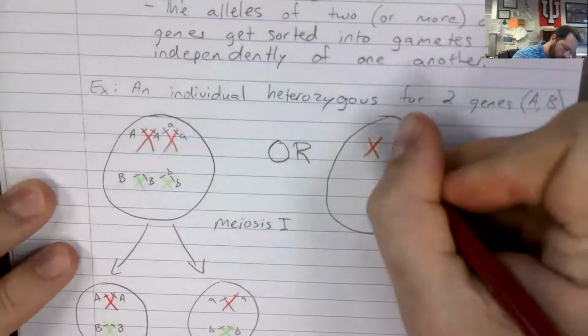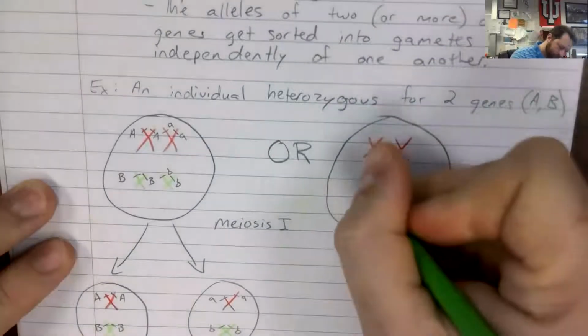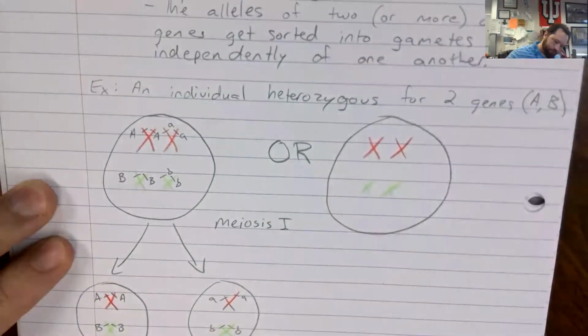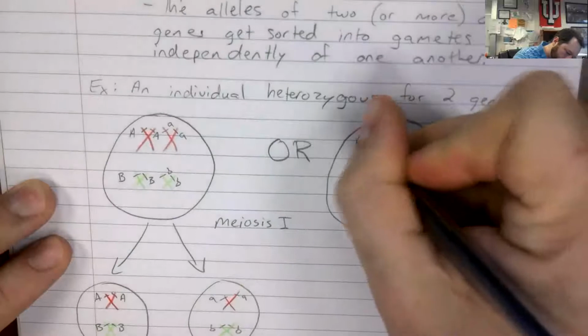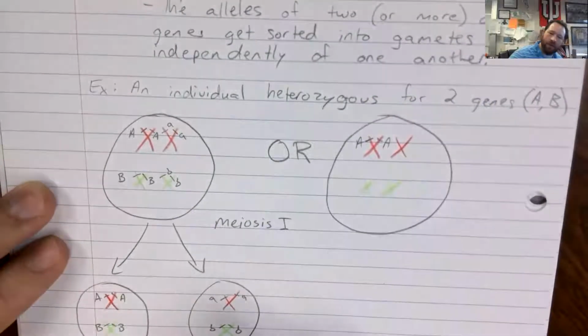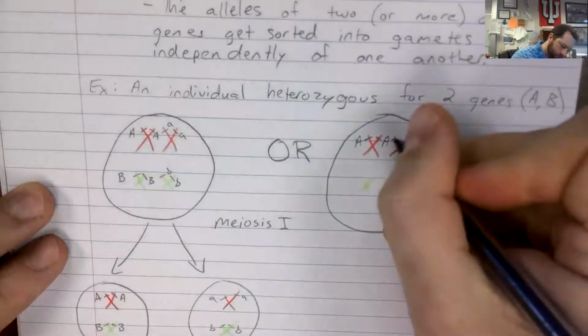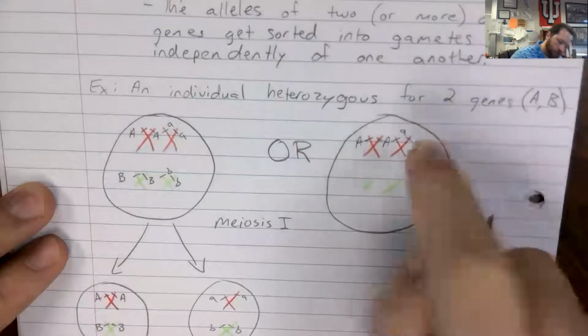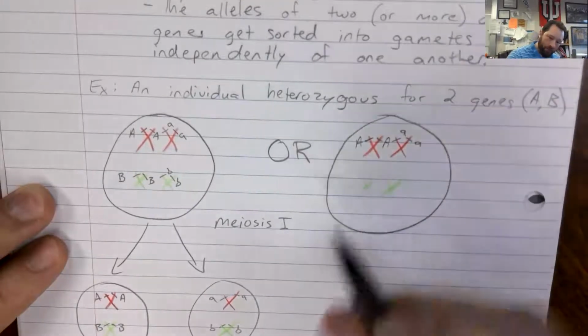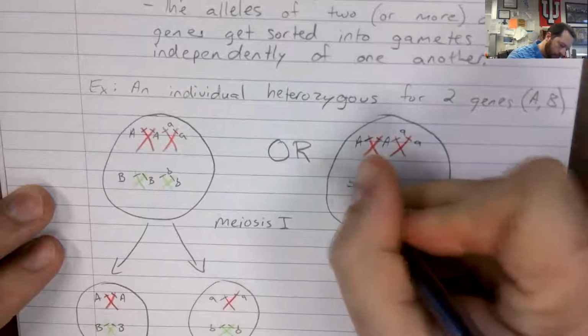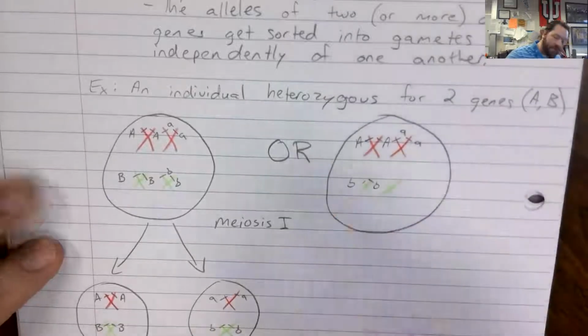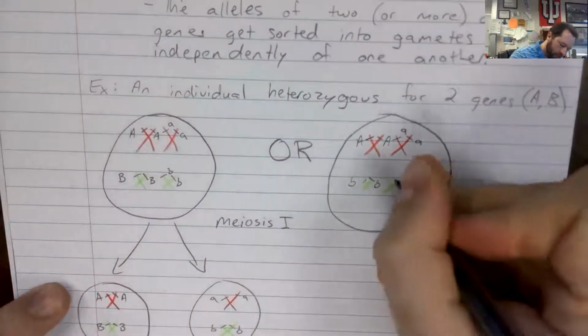So I'll make my A's line up in the same place. So I've got the dominant letter on the left, the recessive letter on the right, but the B's I'm going to flip. I'm going to put the recessive letter on the left and the dominant letter on the right.